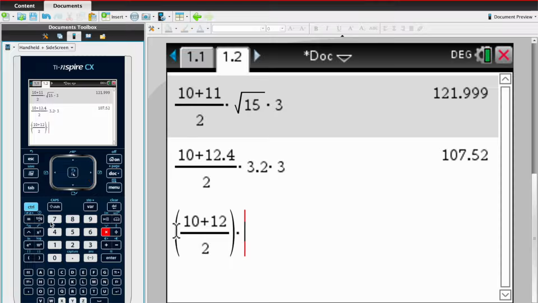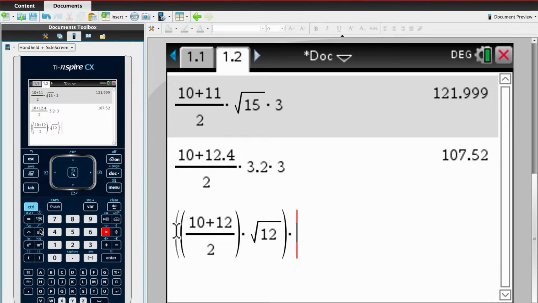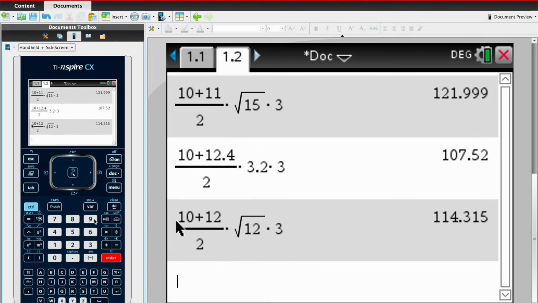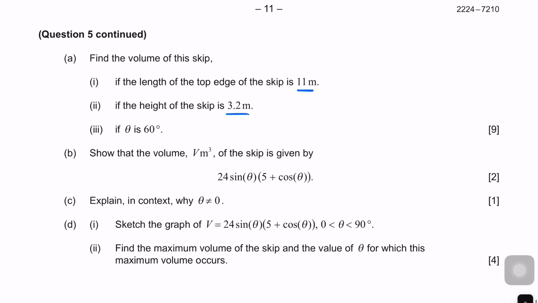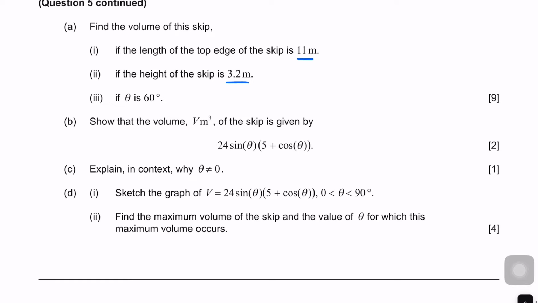Multiply all of this by the square root of 12. Close some brackets, and then multiply this by 3. This gives us 114.315. So heading back to the document, 114.315, or to 3 sig figs, 114. Okay, we're really almost done, actually.